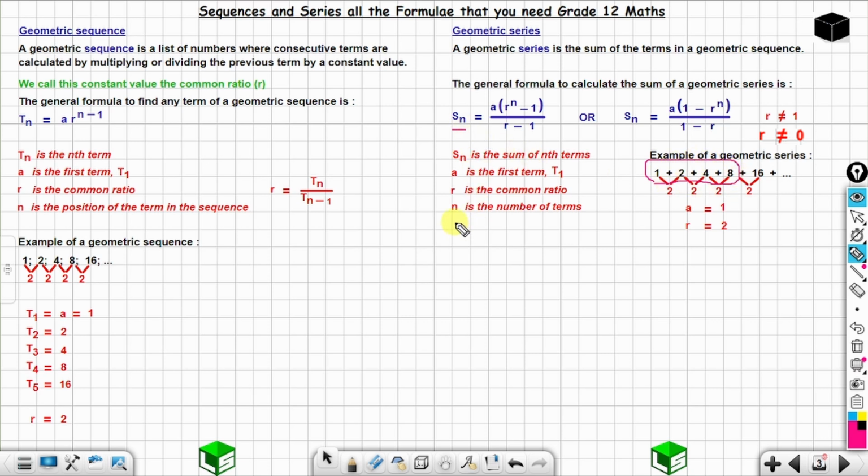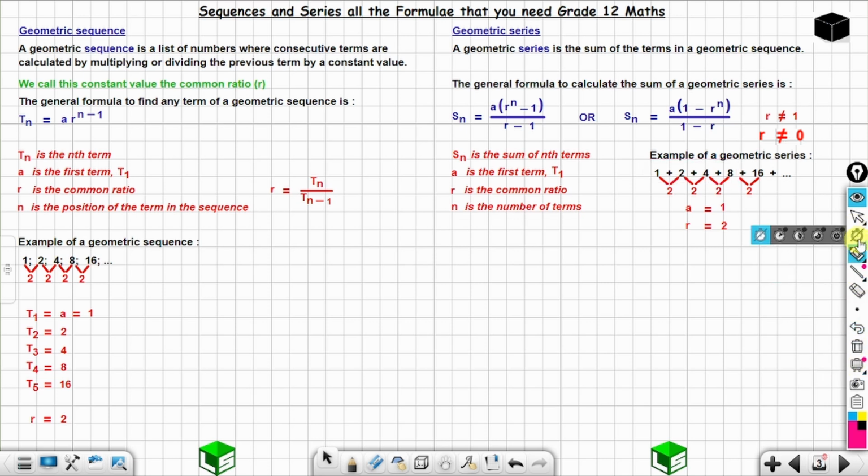So S4 is equal to 15. You understand, N is the number of terms, not the position of a term in the sequence. You have to see the difference.